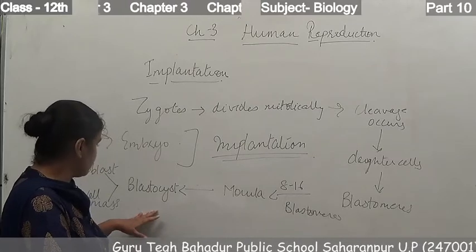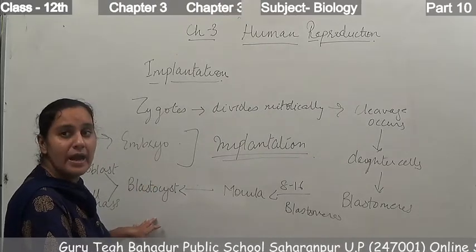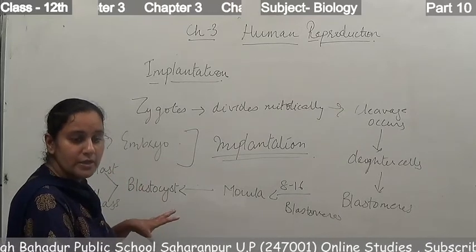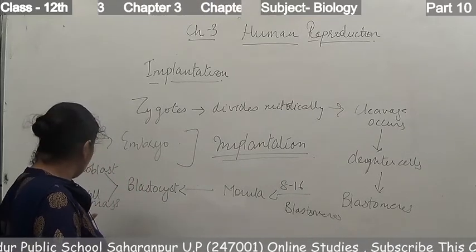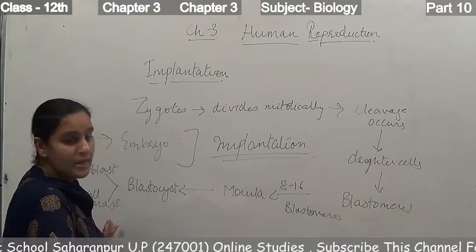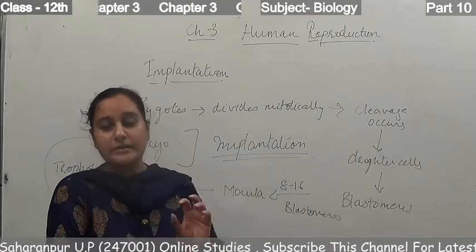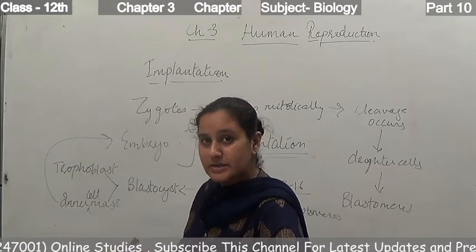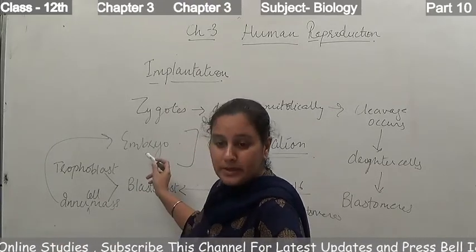Now this blastocyst has two layers. One is the trophoblast, that is the outer layer, while the inner layer is known as the inner cell mass. The trophoblast gets attached to the cells of the endometrium, and the inner cell mass gives rise to the embryo.